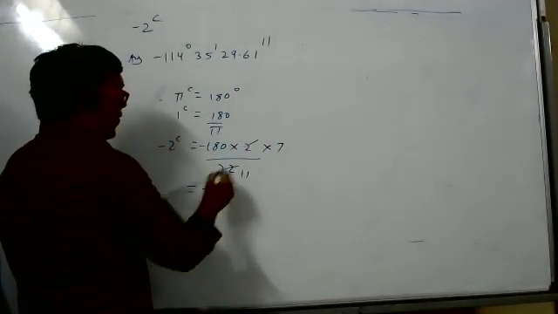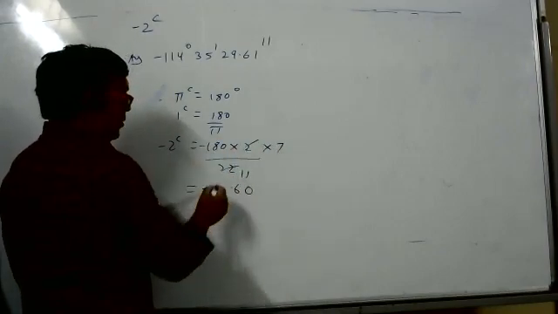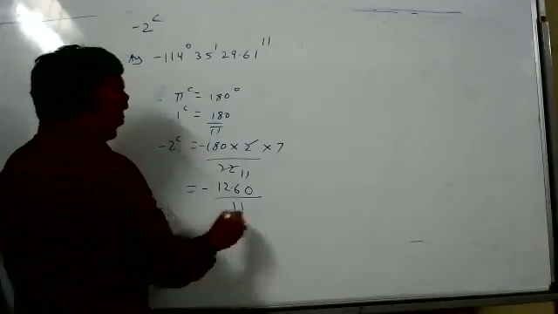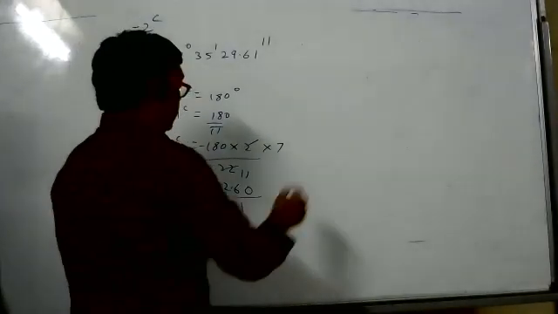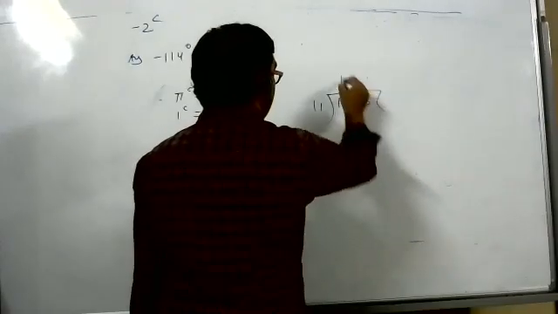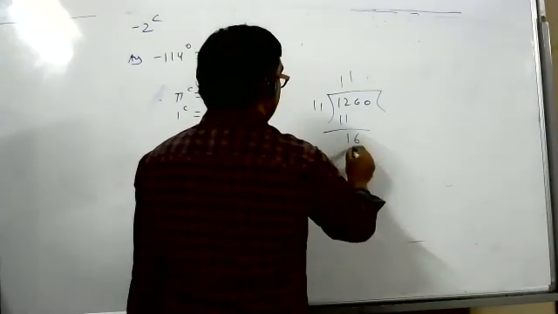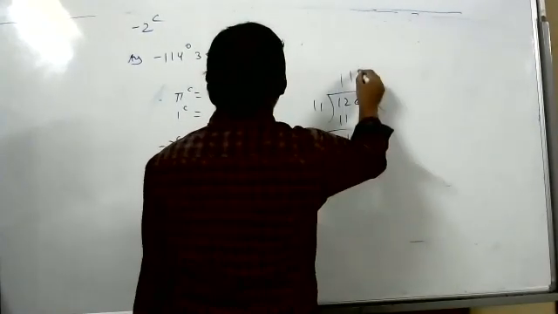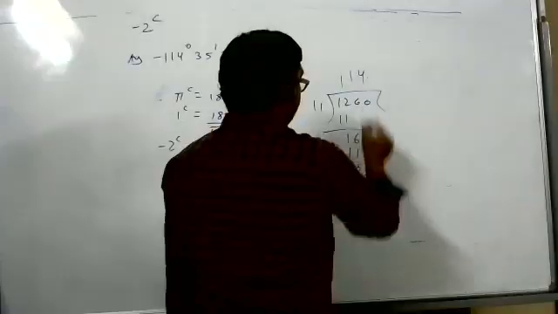So what will you get? Have you got 1260 by 11? Yes, sir. 1260 divided by 11, what will you get? 114, and the remainder 6.